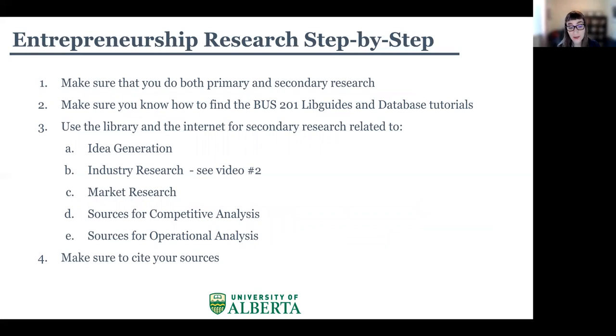Use the library and the internet for secondary research related to idea generation, industry research. This is where you want to see video number 2. Market research, sources for competitive analysis, sources for operational analysis, and of course, make sure you cite your sources. For the rest of this video, I'll be walking you through all of these steps for the library.